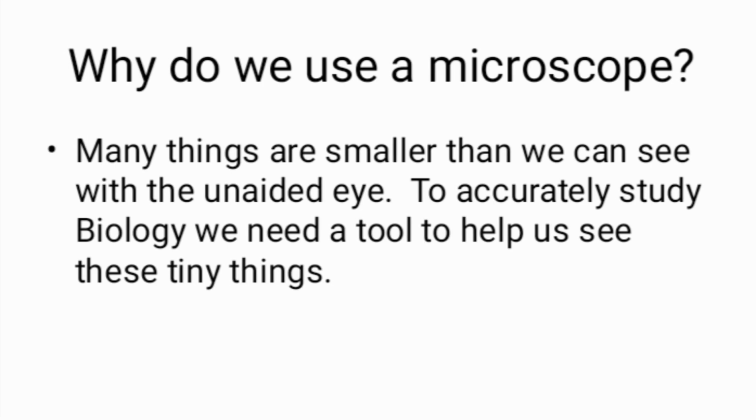To accurately study biology, we need a tool to help us see these tiny things. Example: bacteria, fungi, viruses. All these things, we cannot see them with our unaided eye. We need a tool called the microscope to help us see them in a magnified form. All right, next slide.